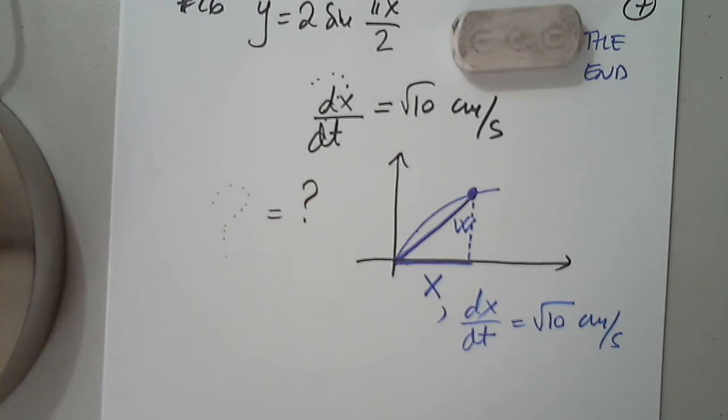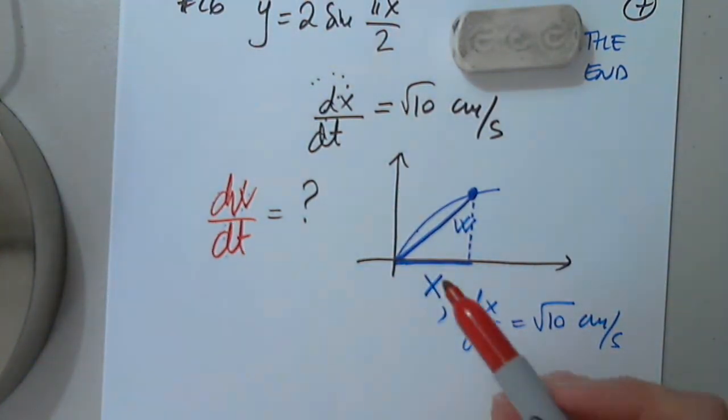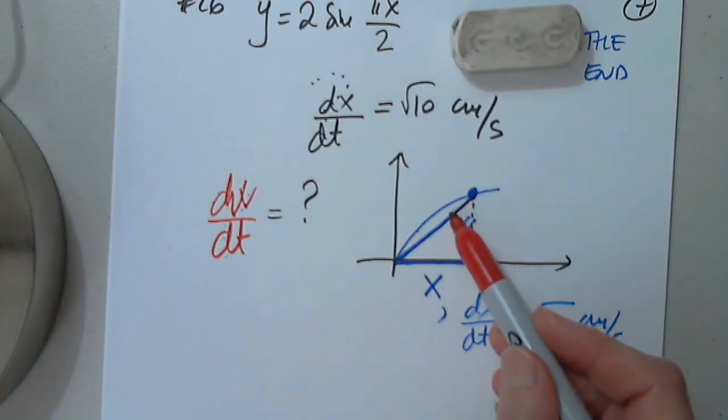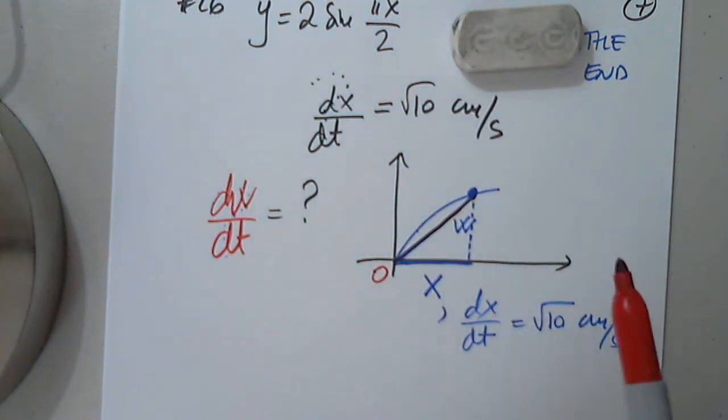So what am I asked to find? Tangent line. So that's why we had to have a picture before, yes? dw over dt. dw over dt. How fast? Thank you so much, Katie. So how fast is the distance between the particle and the origin changing at a particular instant?